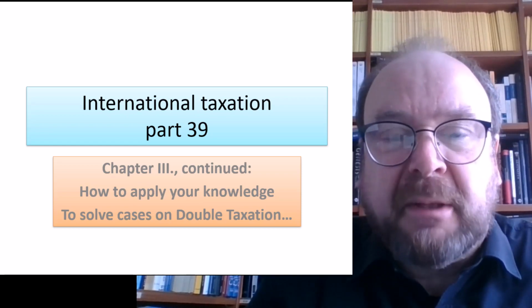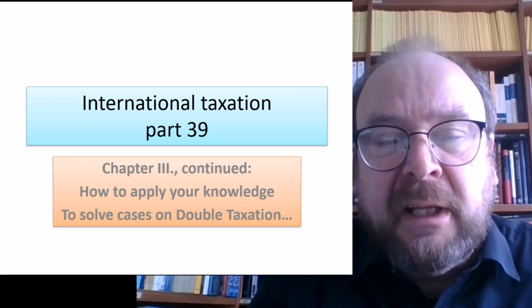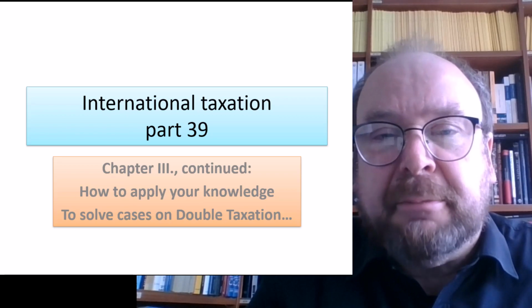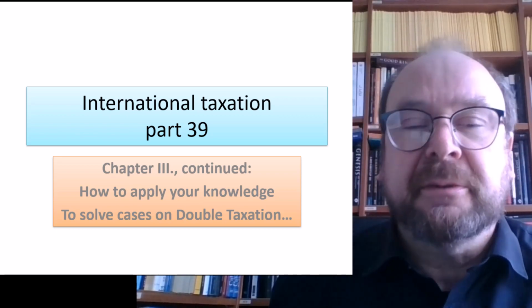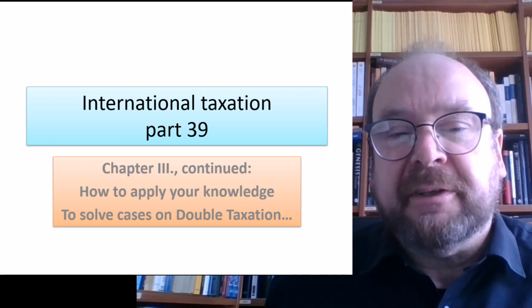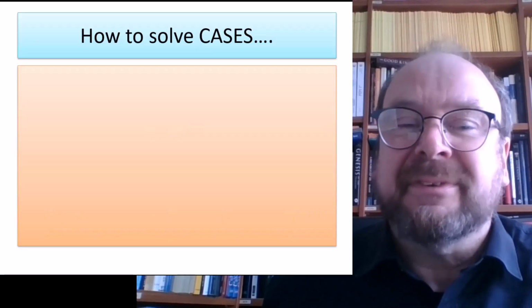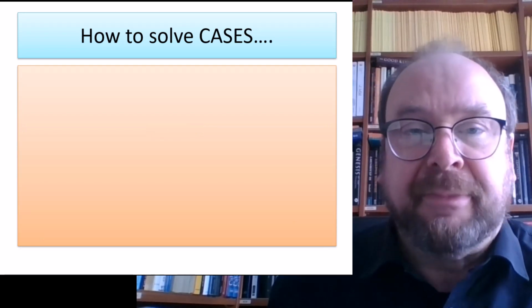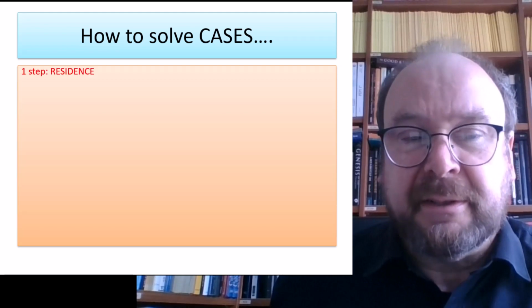Before we go on to a new chapter, let me sum up a bit and show you how you can use that knowledge to solve cases. Just a short one only. Well, how to proceed?